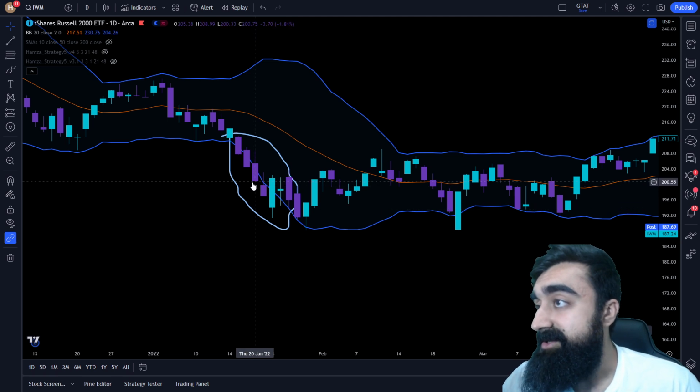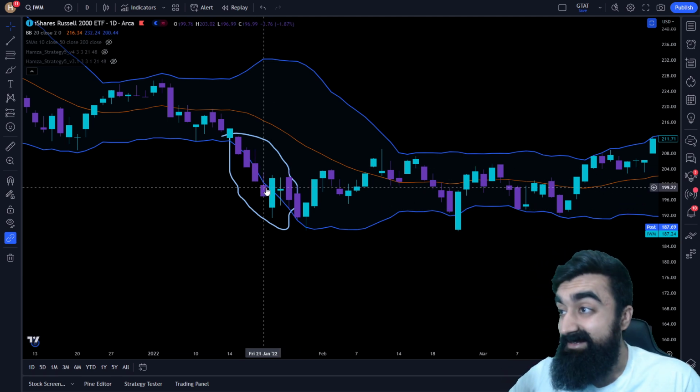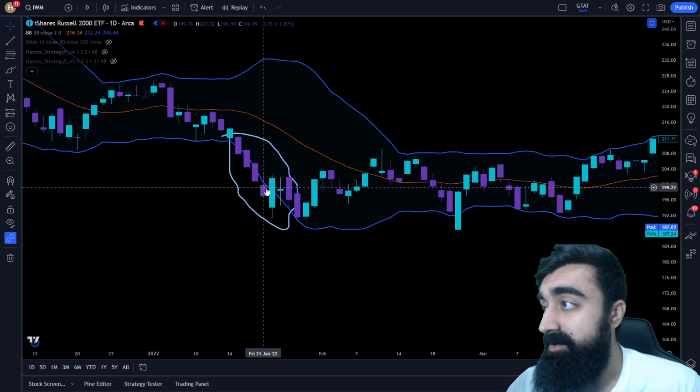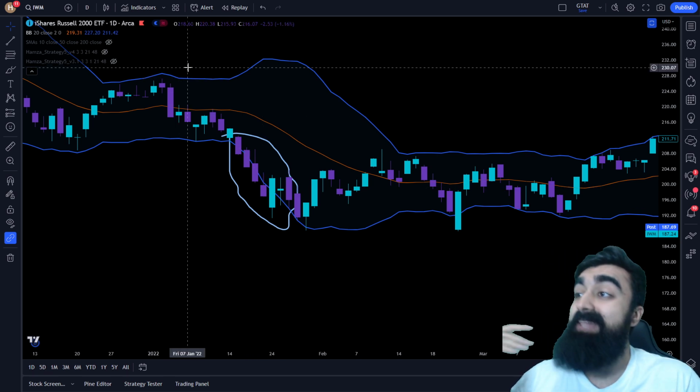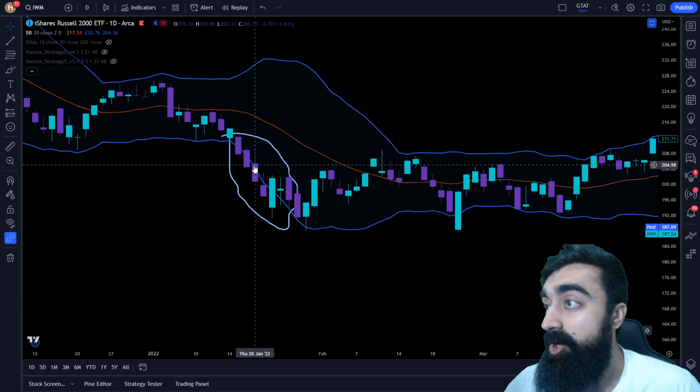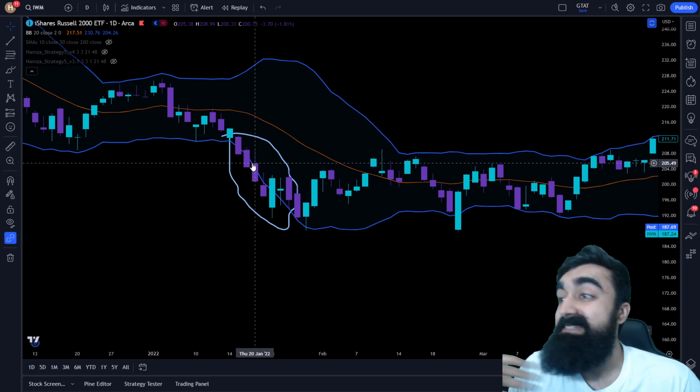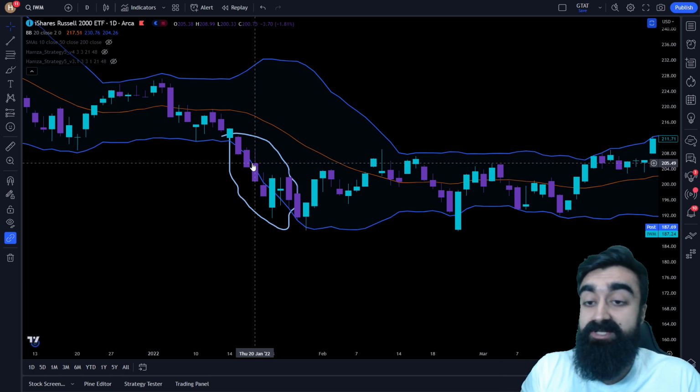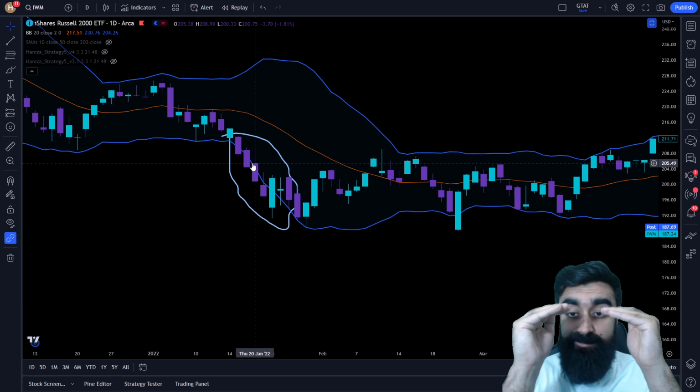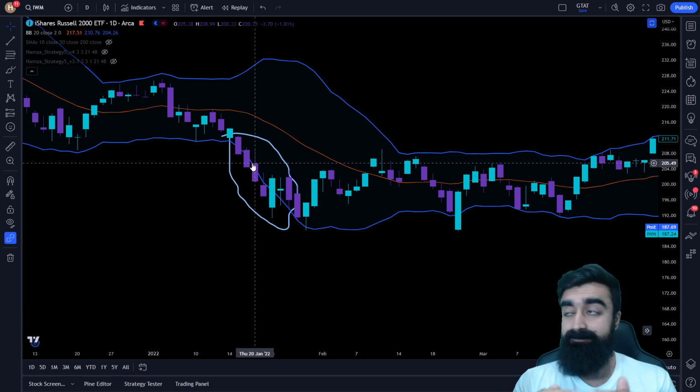So essentially the days where we blatantly opened and closed outside of the lower levels or the upper levels, that's when things get difficult. But on certain days here, we were opening inside the Bollinger Bands, and then we ended up closing outside.